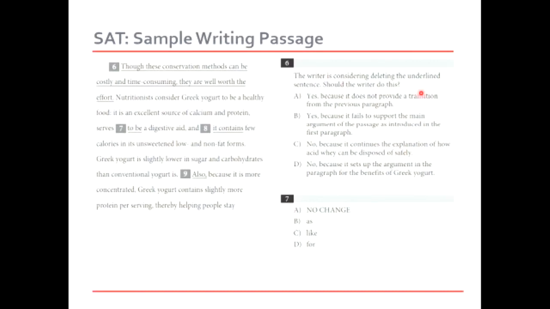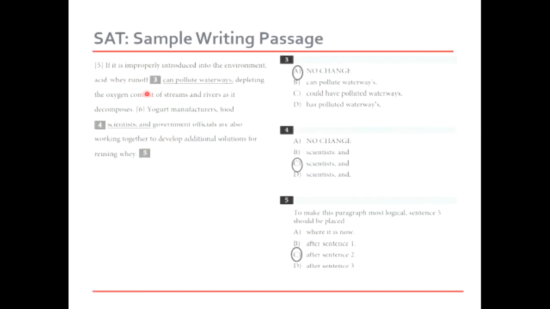The underlined sentence is, "Though these conservation methods can be costly and time consuming, they are well worth the effort." If you go back, we have already read how the people are working on reusing whey, what steps they are taking to reuse whey, right?